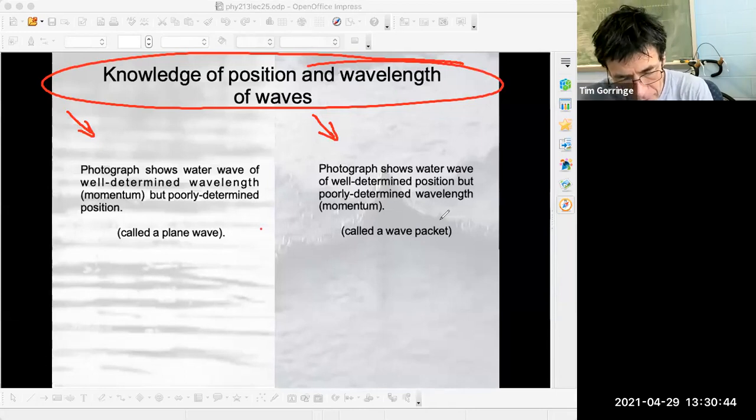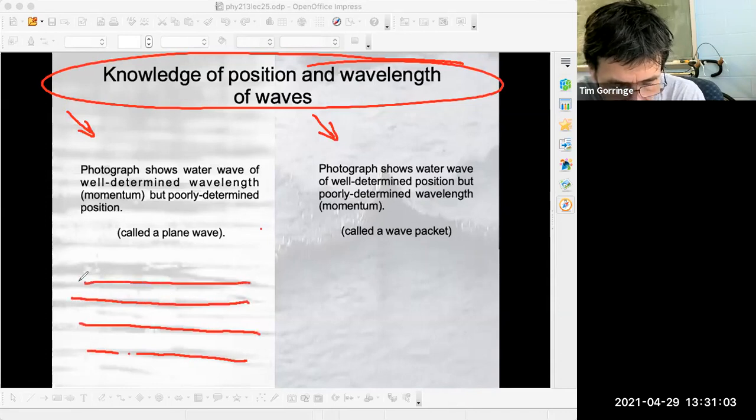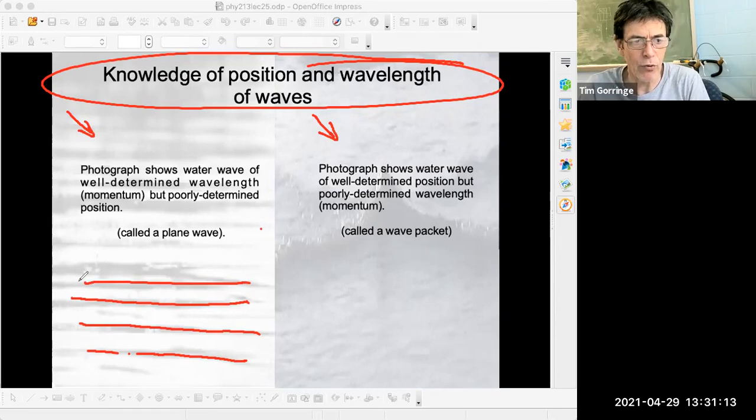In the picture on the left, you know the wavelength of the water waves pretty well. Here's a crest, here's the next crest, and the next crest, and so on. You can see the wavelength. Maybe it's 10 centimeters. So we know the wavelength there. But we can't say where the water wave is. We can't say its location. It's everywhere in this picture.